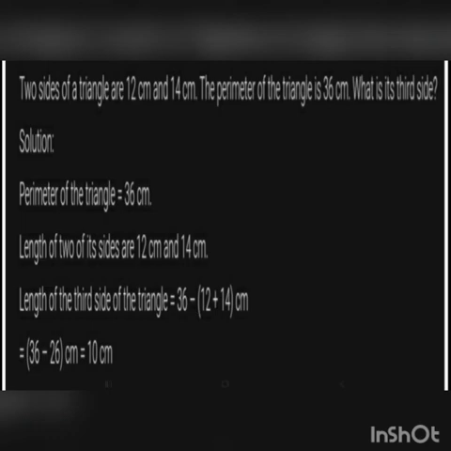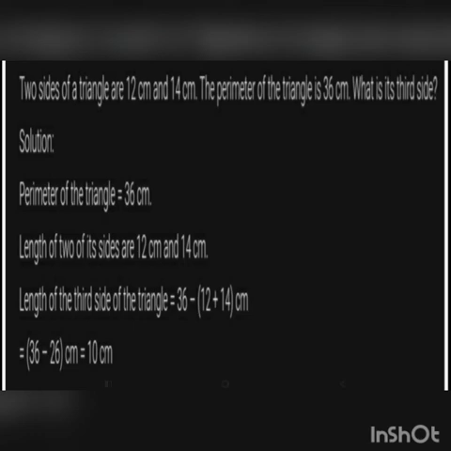So the perimeter of the triangle is the sum of the three sides, isn't it? Out of these three sides we know only two sides. So 12 plus 14 plus the third side gives you the perimeter. That perimeter value is given as 36, isn't it? So how will we find the third side?